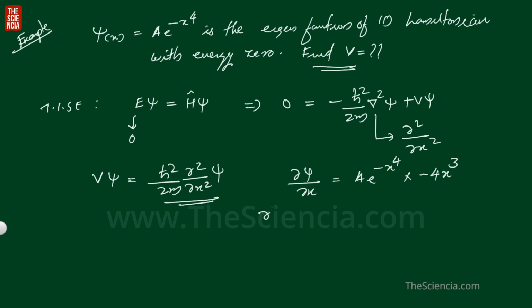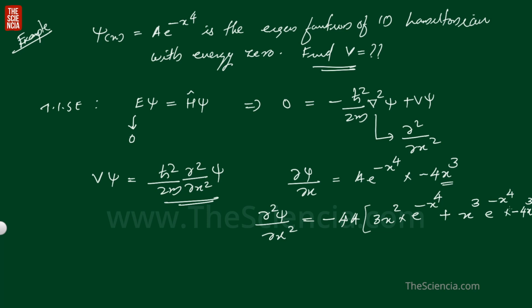And now we have to find the second derivative, that is ∂²ψ/∂x², which is equal to −4A into the derivative of x³, that is 3x², into e^(−x⁴) plus x³ into the derivative of e^(−x⁴), that is into −4x³.